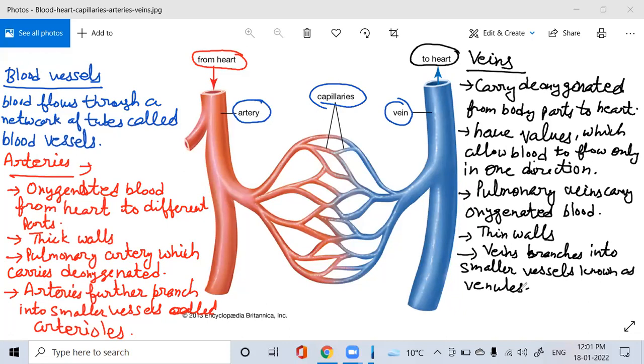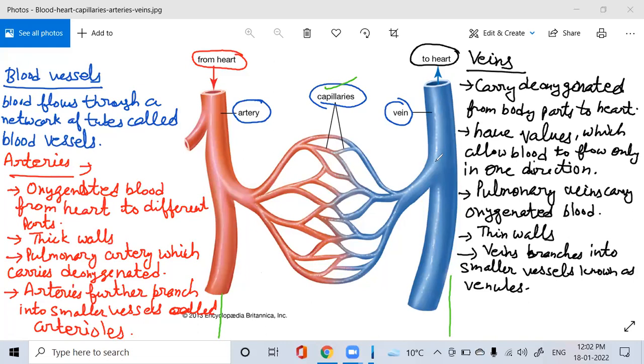So dear children, one more we have, that we call capillaries. You can see here capillaries. I'm mentioning this in this portion so that you can learn all together. So what are capillaries? As you can see in the picture, capillaries are fine branching blood vessels that form a network between the arterioles and venules.